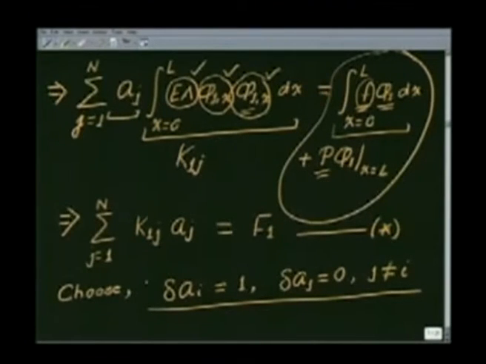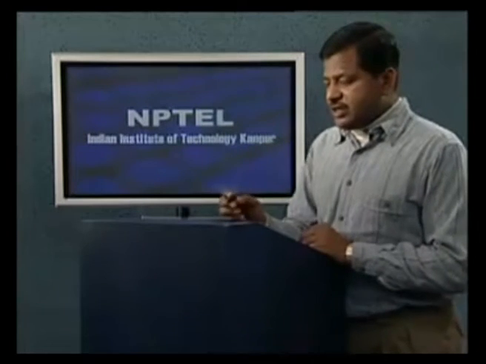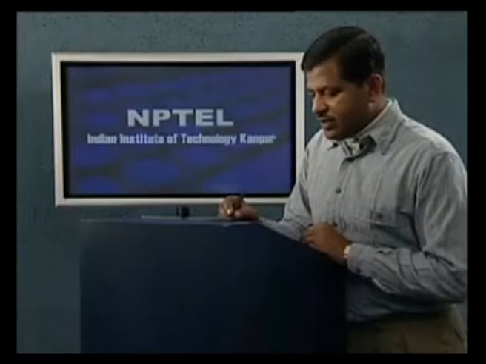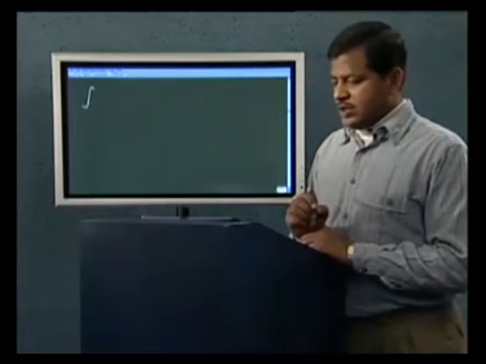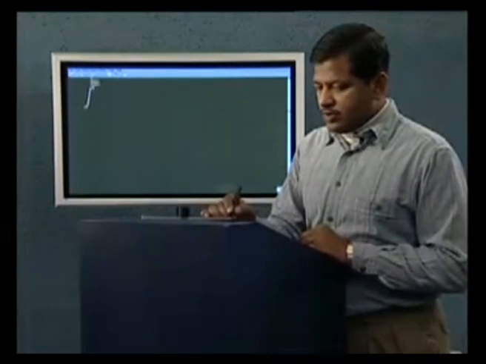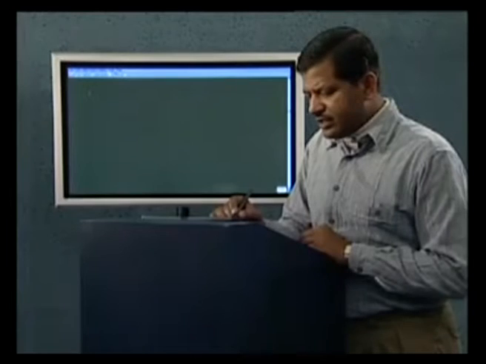For this particular choice, if I go now to the equation, then we can generalize what we have done corresponding to the phi i that we have taken, or the delta ai that we have taken.